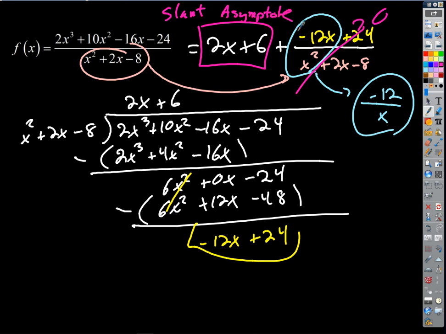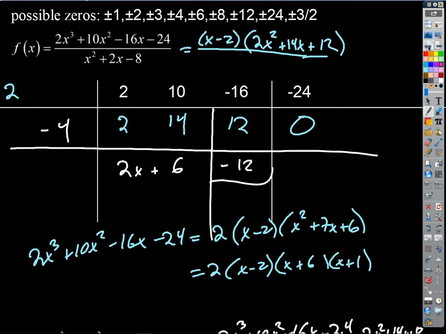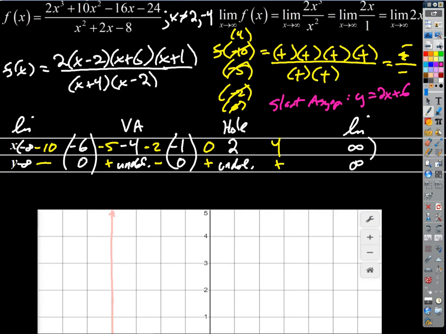Okay, we get a slant asymptote, and we go back to our chart. And so clear back here, what was it, y equals 2x plus 6? Yep. So 2x plus 6 is what it was?